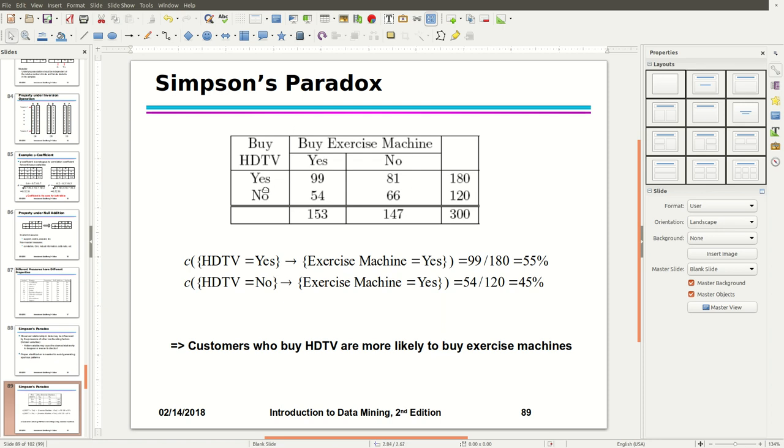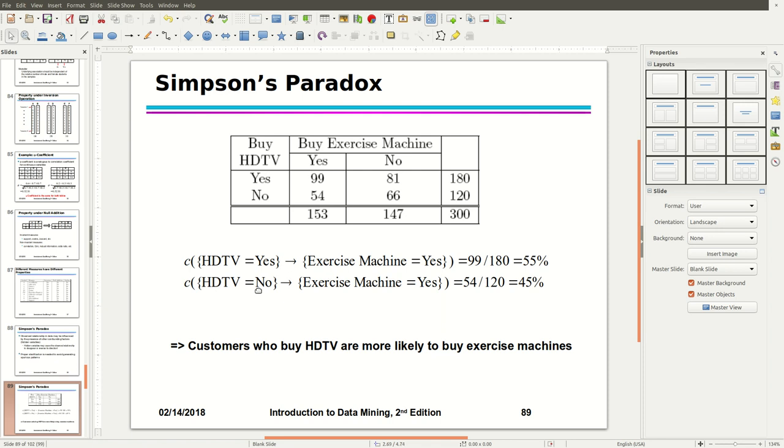If you buy HDTV, you will buy also an exercise machine, more likely, right, than not buy it. And if you don't buy HDTV, then do you buy an exercise machine? Given that you buy HDTV, you will buy an exercise machine, yes, is 55%.